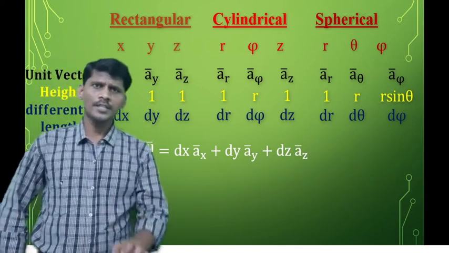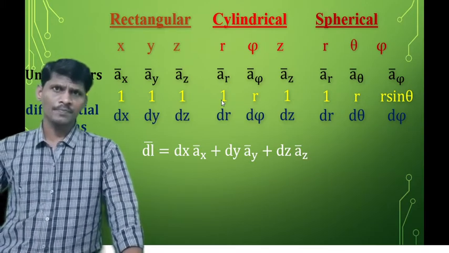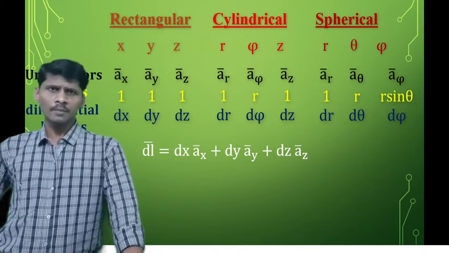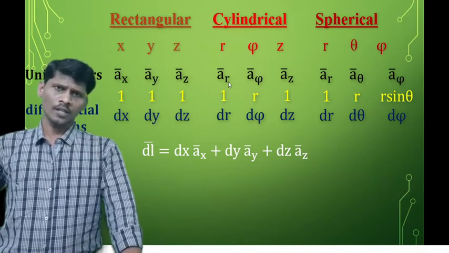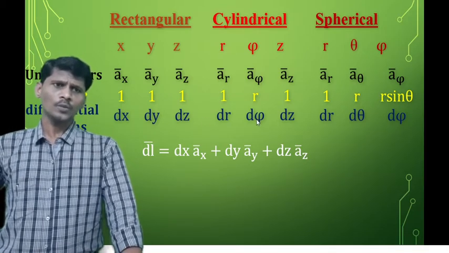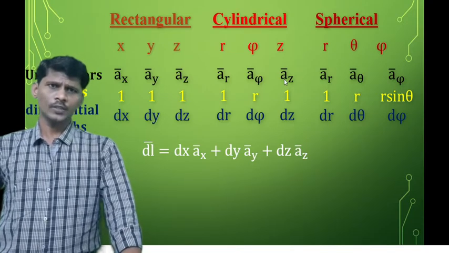And in cylindrical coordinate system, the same process. The differential length or elementary length dl bar is equal 1 into dr into ar bar plus r into dφ into aφ bar plus 1 into dz into az bar.